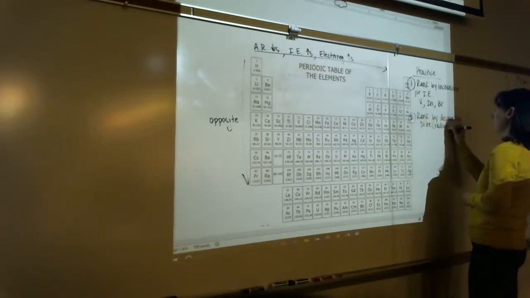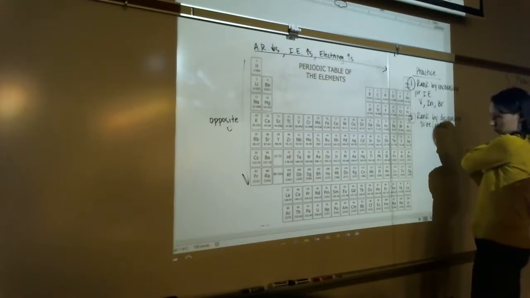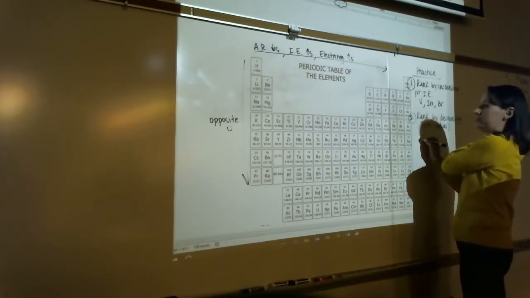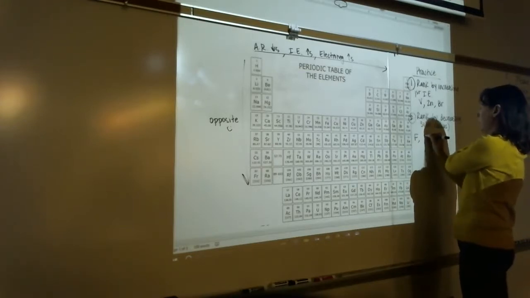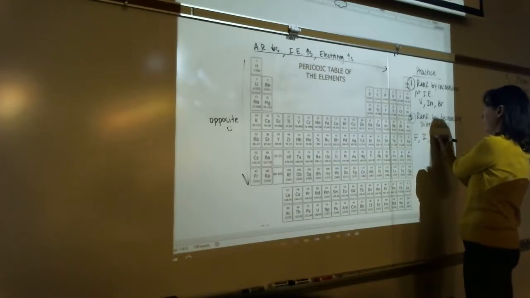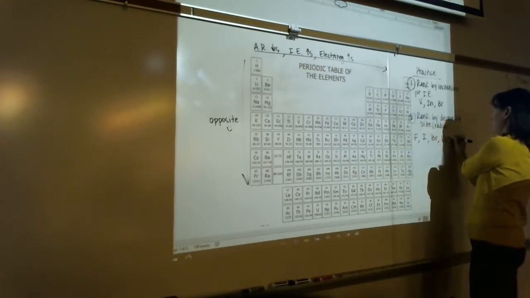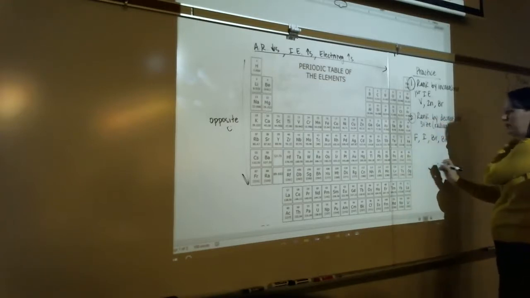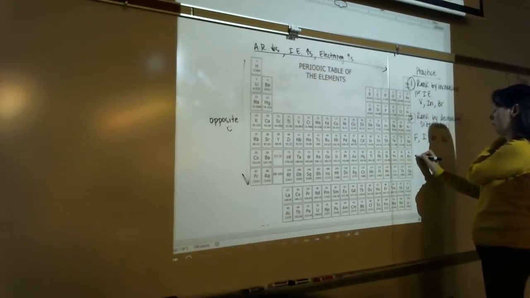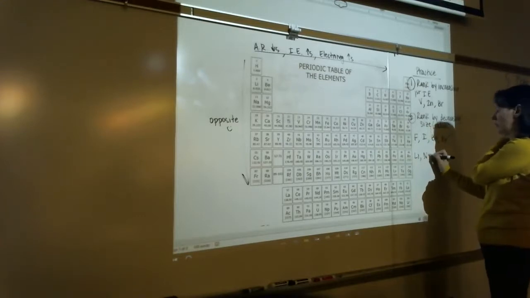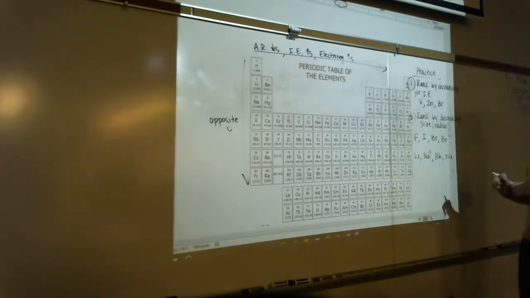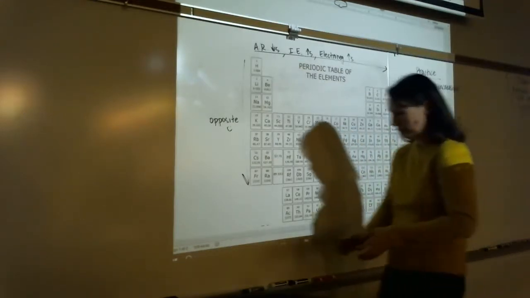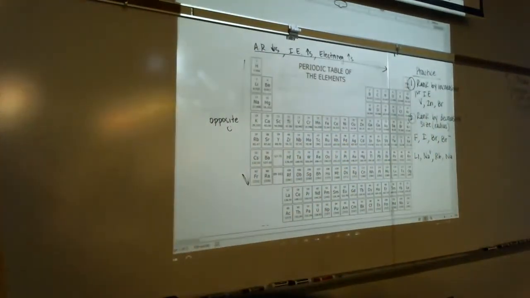Radius is what I'm talking about there. Let's do fluorine. That's set number 1, and then let's do another set. Okay, do those 2 problems. Use your periodic table. I'll pause the recording and give you a second to work on those.